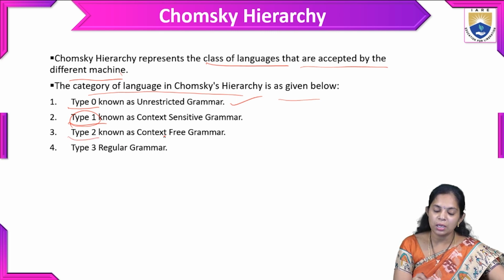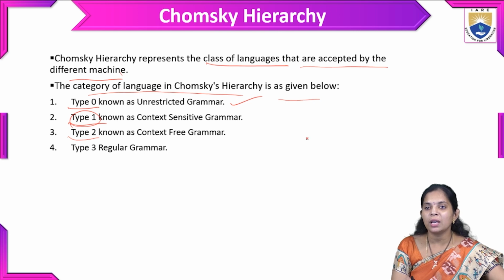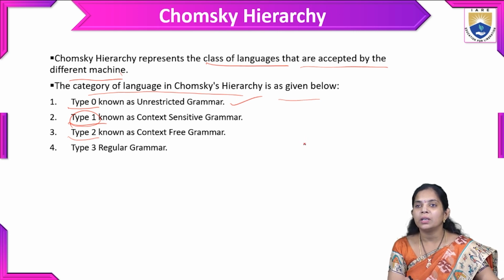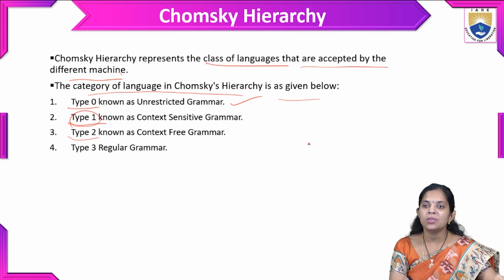Type 2 is the context free grammar, which we can say is a restricted grammar. What is the difference? We already saw in the previous video that there are restrictions on the production rules: how many non-terminals we need on the left hand side and how many on the right hand side.